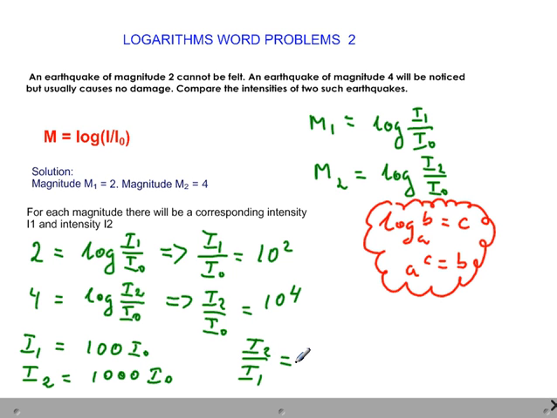So the ratio will be 10,000 I0 divided by 100 I0.